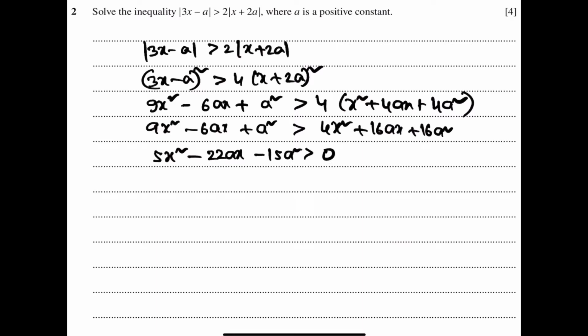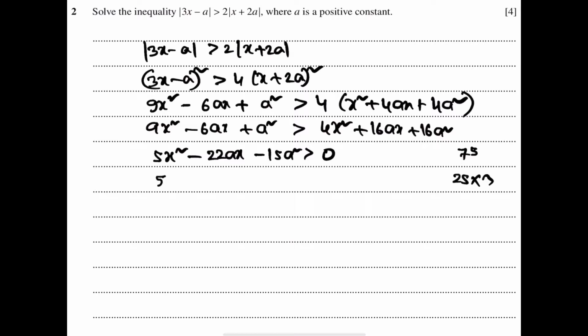Now let us find out critical values. 5 15s are 75, and 25 3s are 75.